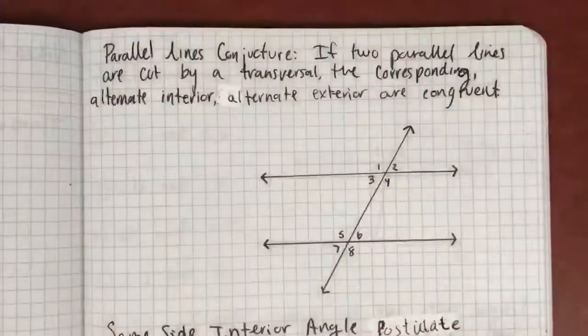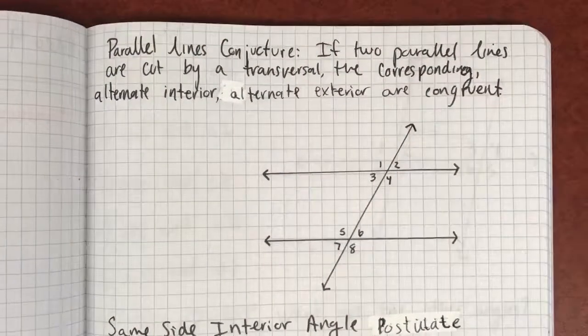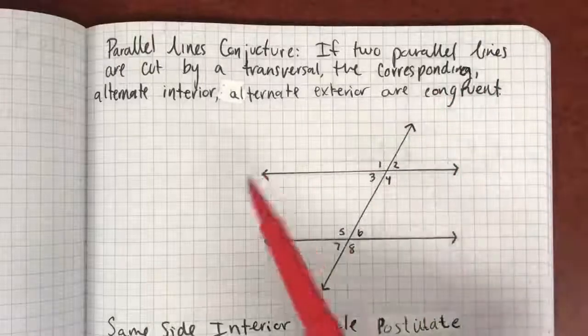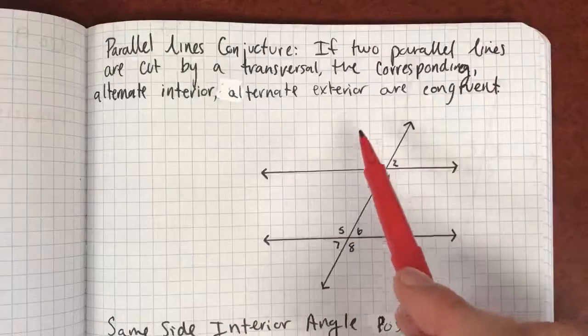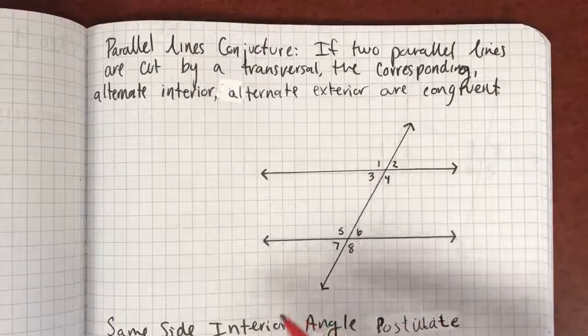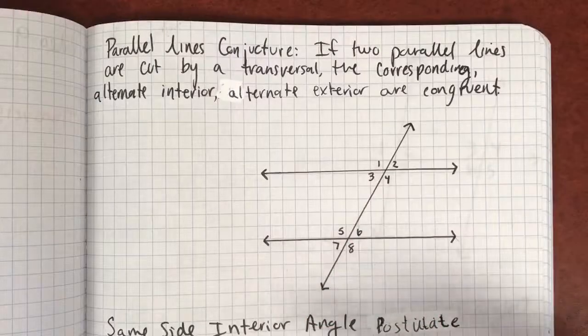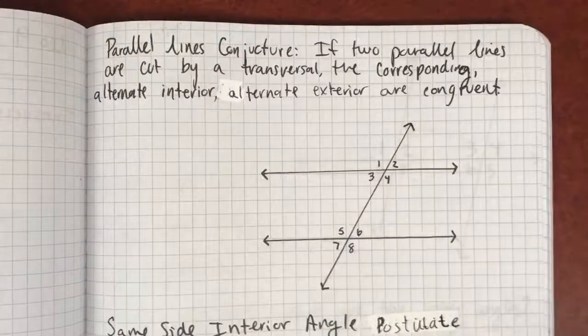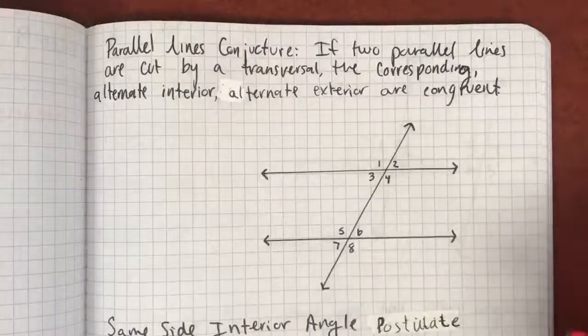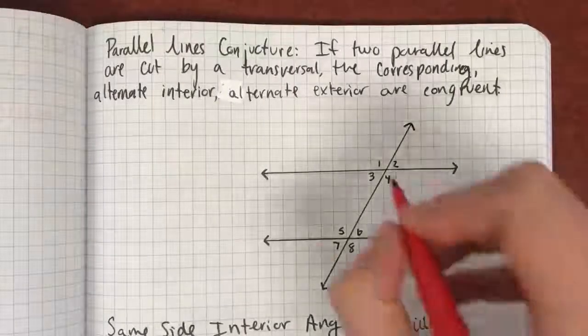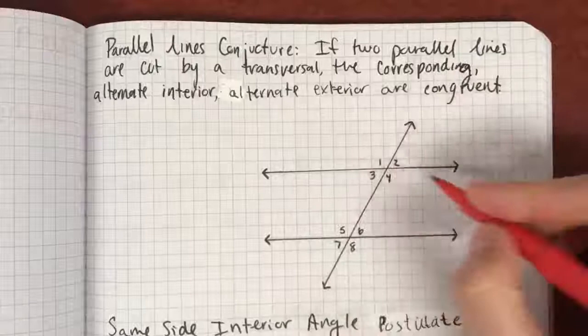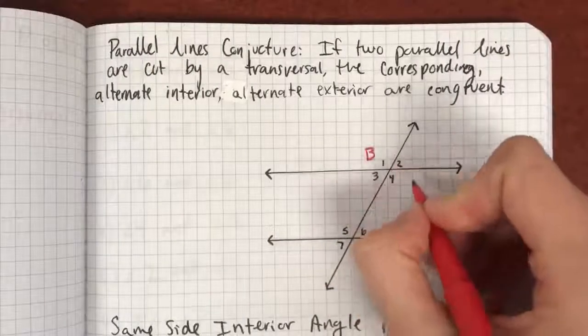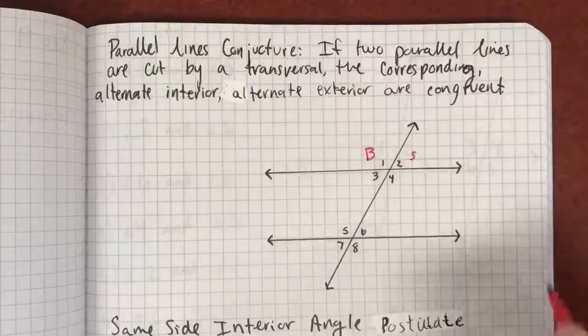All right, so now looking at our parallel lines conjecture. If two parallel lines are cut by a transversal, then the corresponding, alternate interior and alternate exterior angles are congruent. So we're going to simplify this a little bit. That's a lot of words. In our angles, we have big angles and small angles, okay?